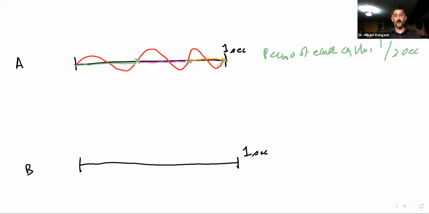Because 3 cycles were completed in a second. Clear? Since we have 3 cycles in a second, we can say that for A, the frequency is 3 hertz. Did that make sense?